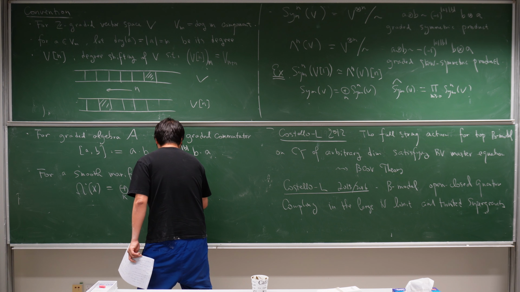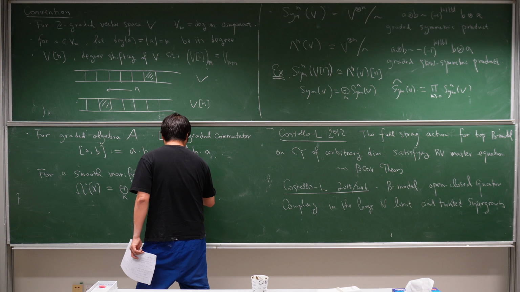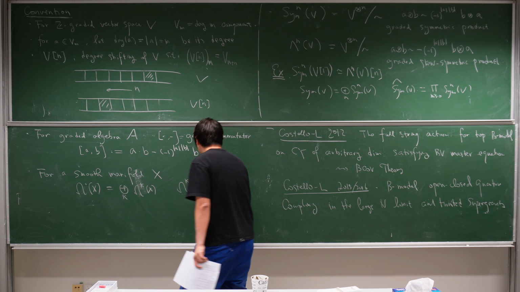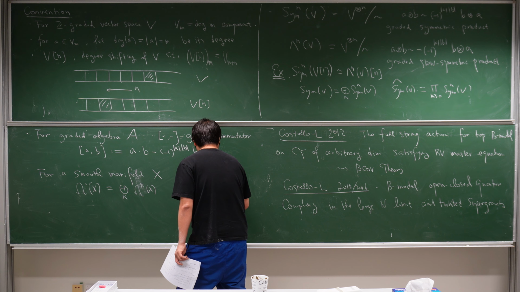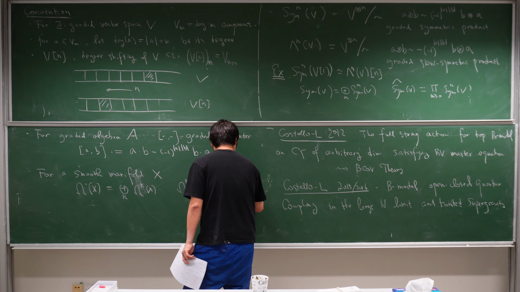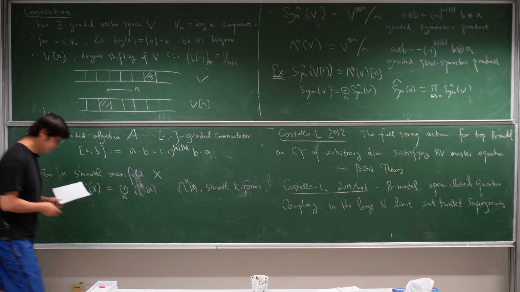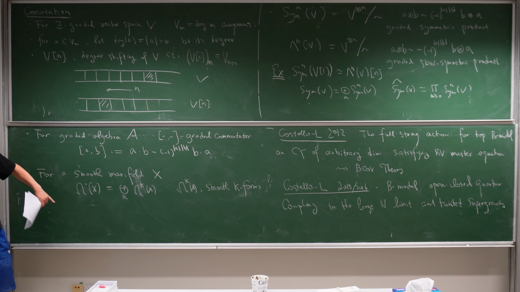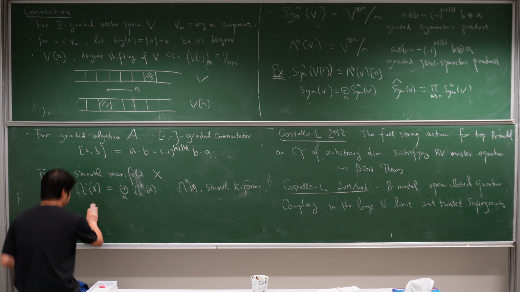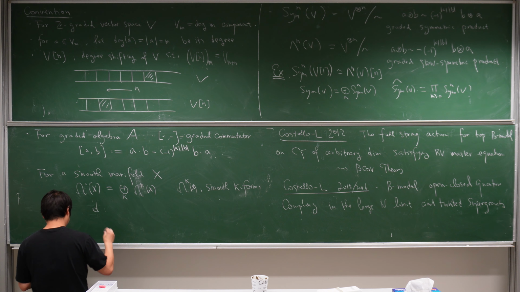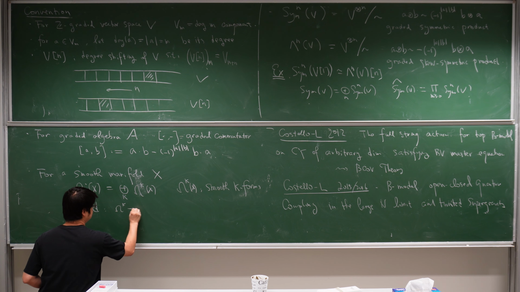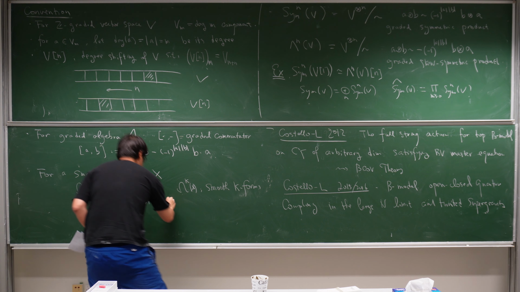So this omega k is smooth k-forms. And we know for differential forms, there's a natural operator of degree 1, which is the de Rham differential.